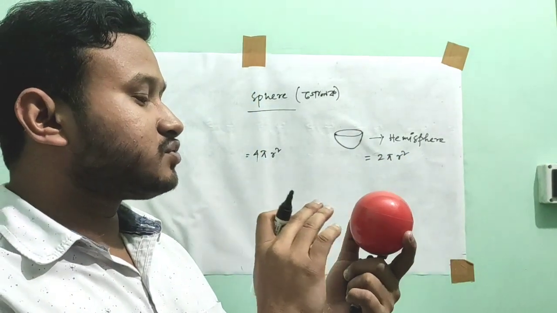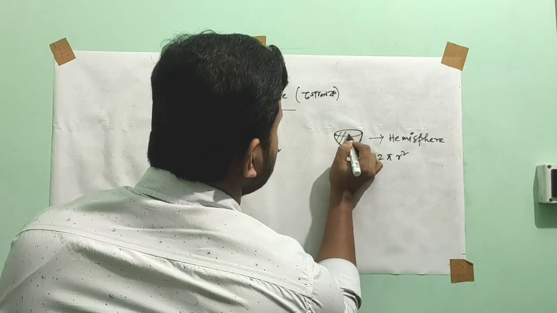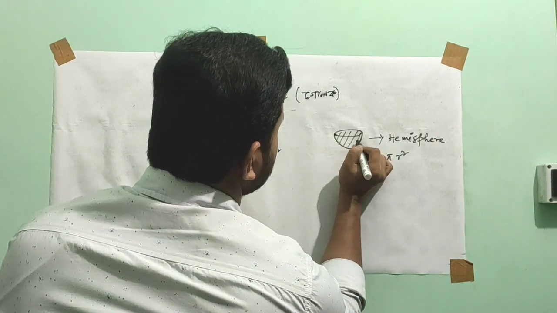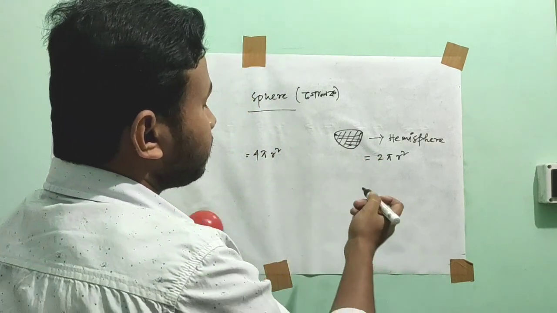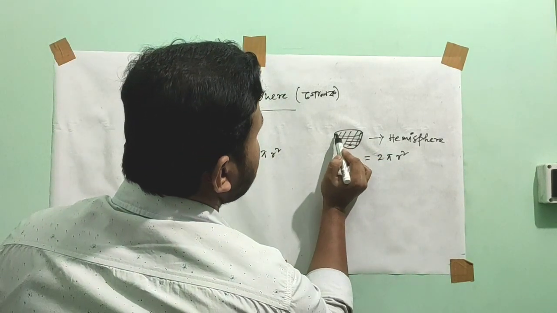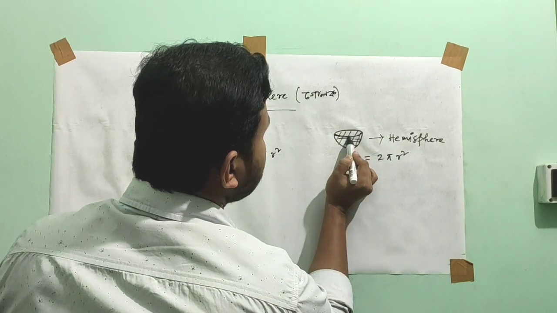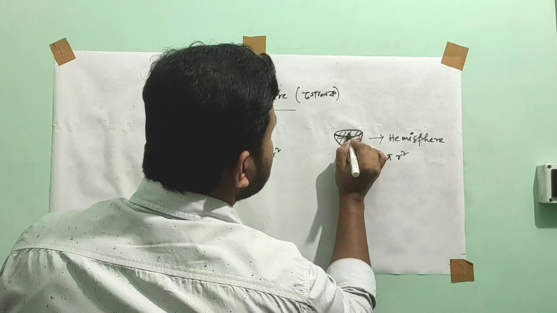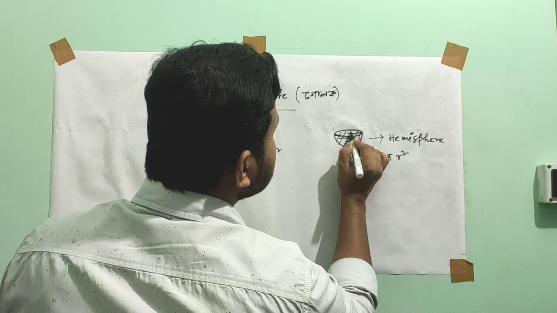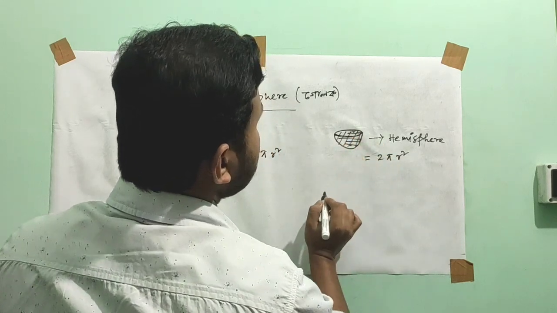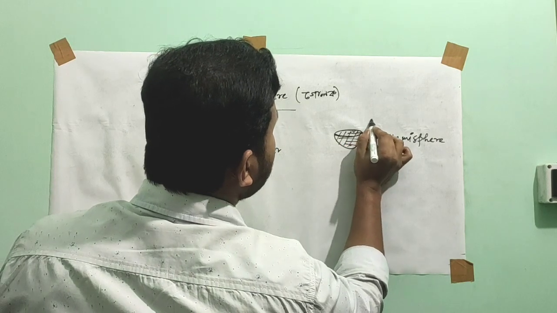Now if this sphere is solid from inside, it will look like this, a solid hemisphere, and here we will get a new plane. If we take the radius of this circle as r, this surface area will be pi r square.